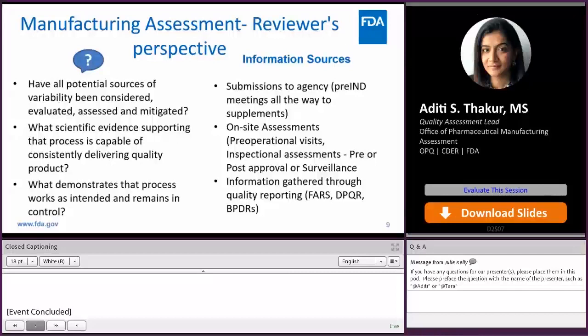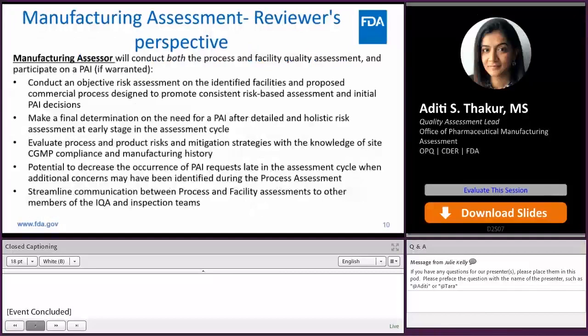In addition, FDA reviewers also look at information gathered through quality reporting like FARs, DPQR, BPDRs, and others as well. After looking through all of these information resources, the manufacturing assessor will conduct both the process and facility quality assessment and may participate in a pre-approval inspection.